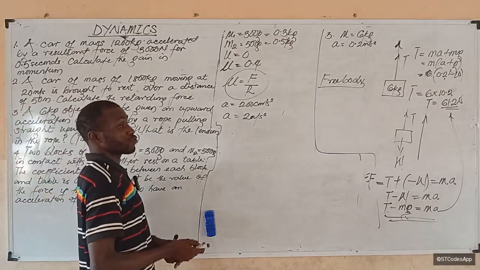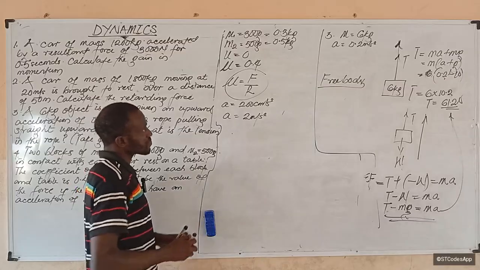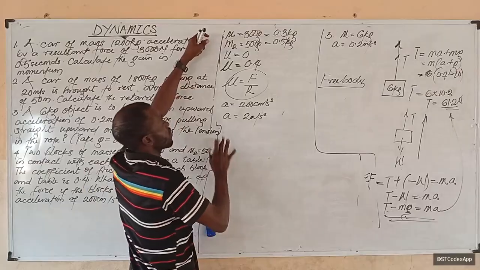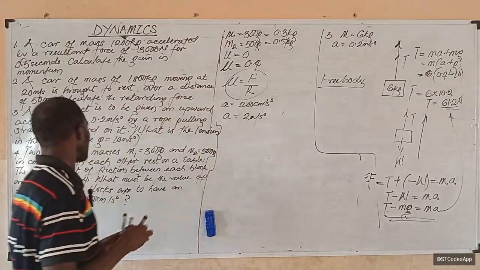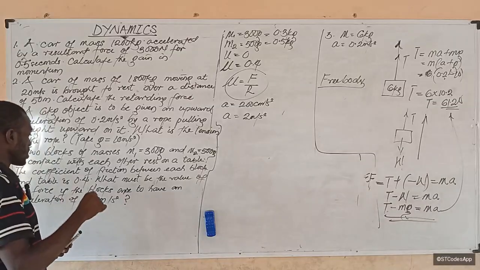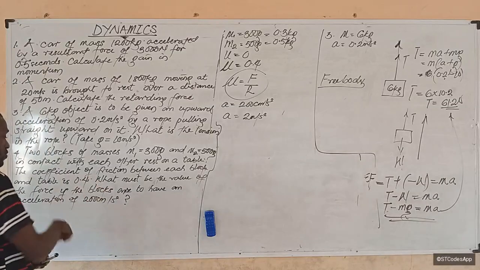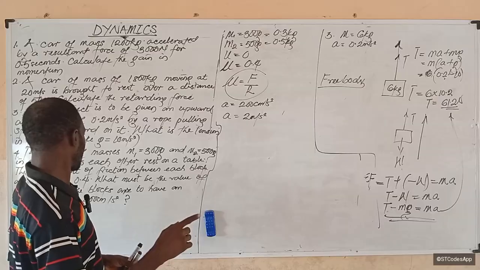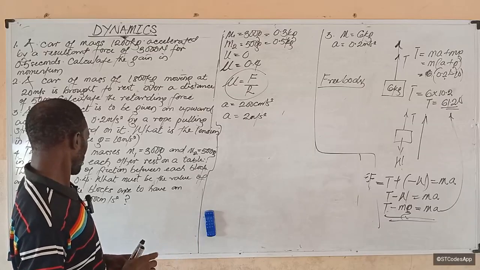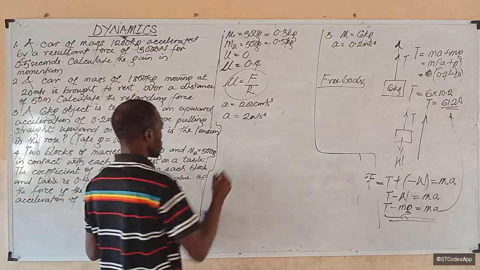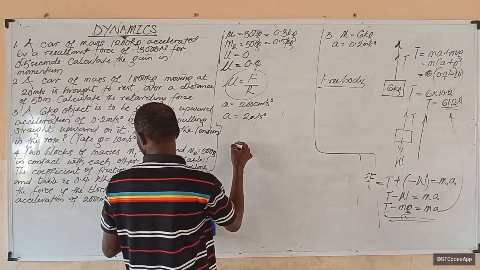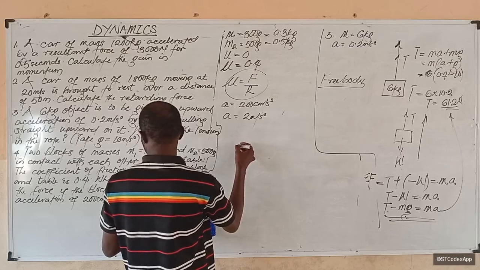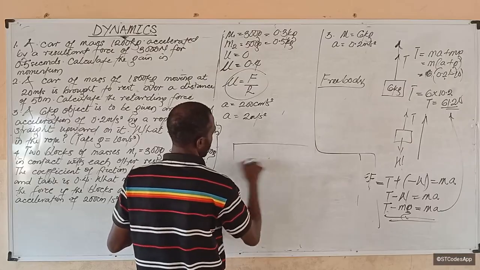Now, it means that we have to do the sum of forces again, right? What are the forces acting on this body? What will be the value of the force? So it means that if the blocks must accelerate, let's draw it on the platform first.